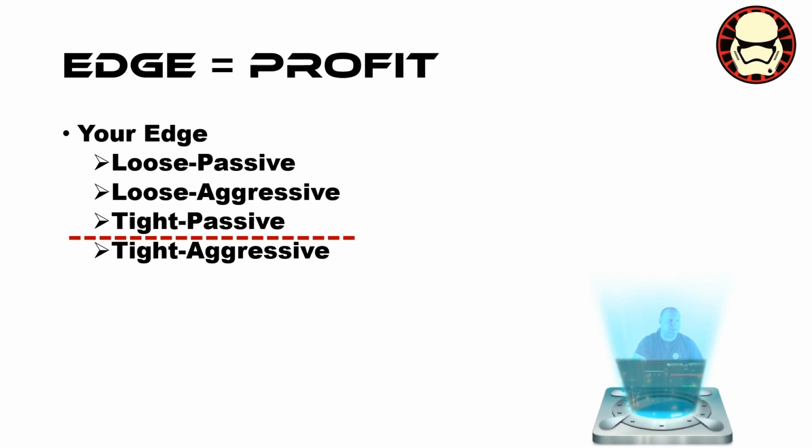And the key is to have predictable players on your left and unpredictable on your right, if possible. And out of these, often the only truly unpredictable player is tight aggressive, because they're balanced.